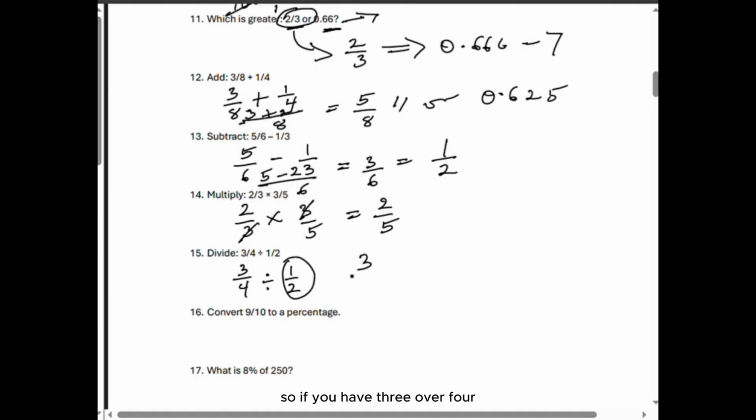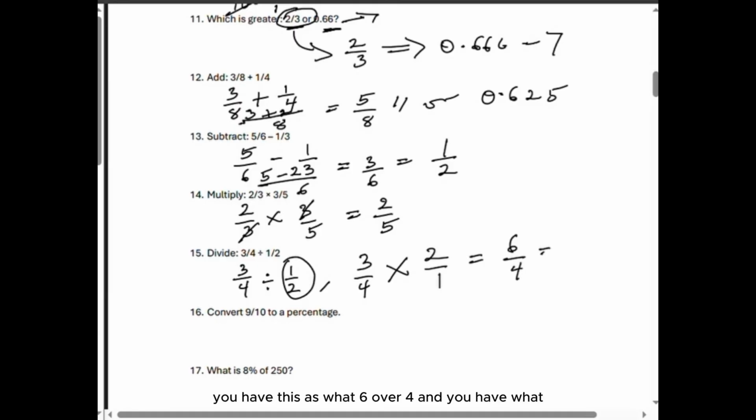It's like bringing the numerator down to the denominator and changing your denominator to your numerator. So you have this as 2 over 1. You have 6 over 4. And you have 3 over 2 or 1.5.